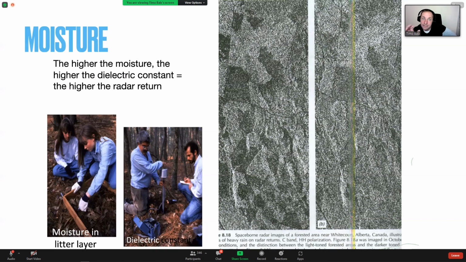So you have to be aware that there are lots of influencing factors on your radar signal that you maybe do not want to influence it. It depends on your application. If you're interested in soil moisture, great, but often we are not. So soil moisture in general plays a very big role in the radar reflection, and I will show you another slide later to show that again.